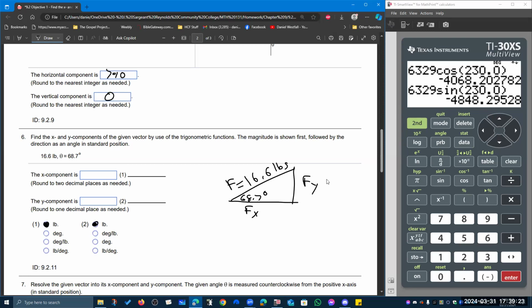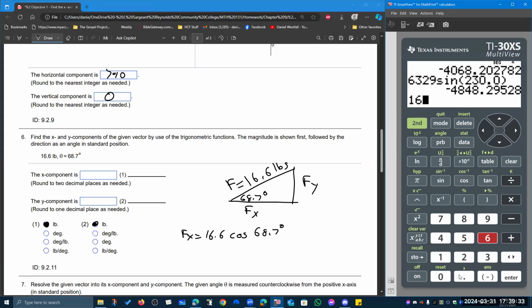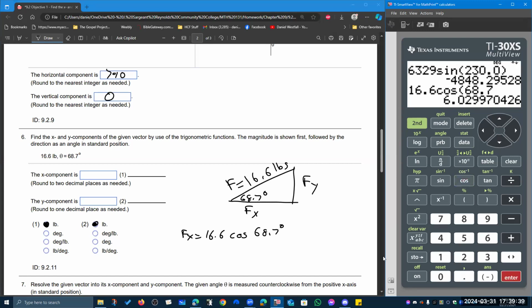So the x component is going to be 16.6 cosine of 68.7 degrees. We want to round to 2 decimal places, to get this to 3 significant figures because we had 3 significant figures to start off. So 6.03.